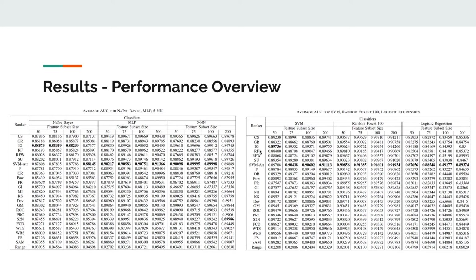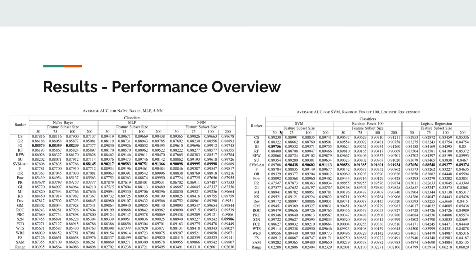The italic values, which are actually quite difficult to see, but let's say this is an italic value, are the worst performance given a classifier and a feature size, across all the rankers. The last row is called range, which represents the difference between the best and the worst performance for each classifier and under each feature size.